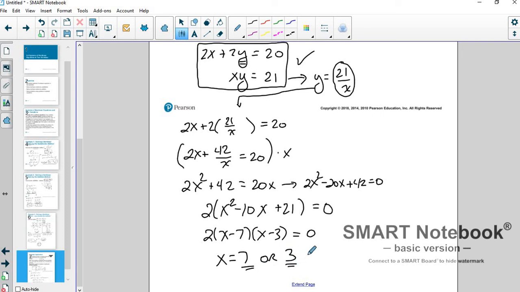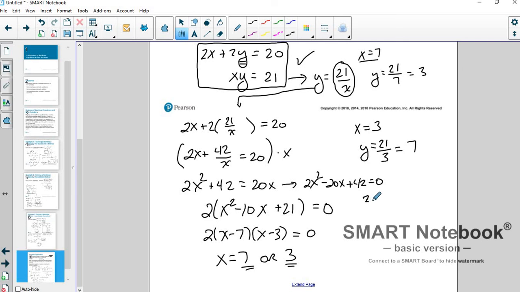But guess what? When you go back and plug in, when x equals 7, y equals 21 over 7, which is 3. And when x equals 3, y equals 21 over 3, which is 7. And so while we have 2 different combinations, 7 and 3, 3 and 7, for a rectangle it's really the same thing, right?